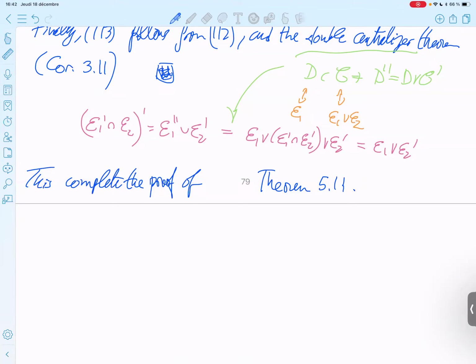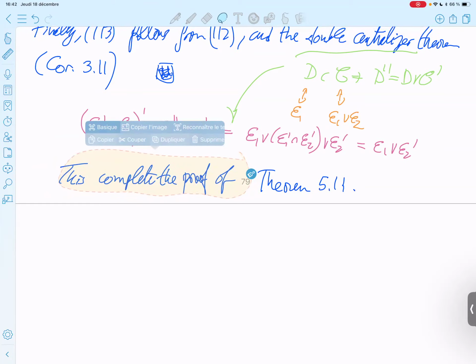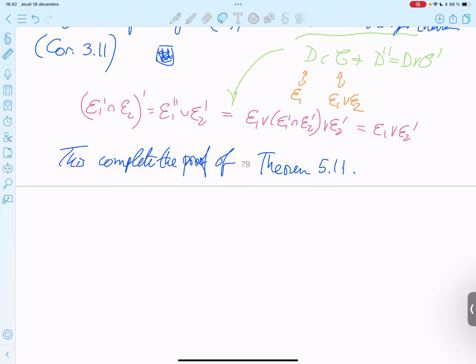Okay, so the next remark and the next theorem. We will go a little bit quickly for the next remark because it's just a generalization of the theorem, but we will not really need it.